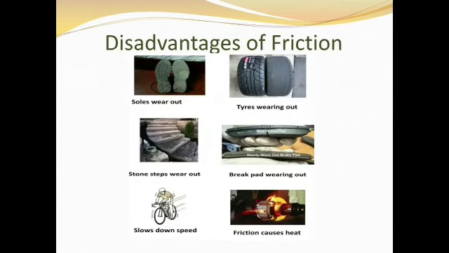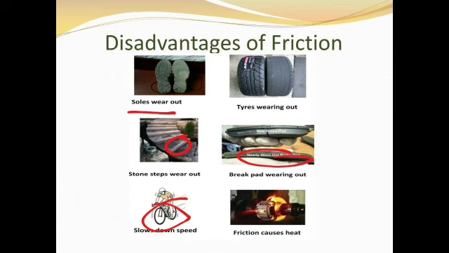Now the disadvantages of friction. The soles wear out, then the tires wear out while we run fast, then stone steps wear out, then brake pads wear out, and it slows down speed as we go.